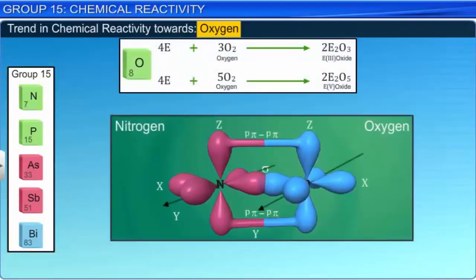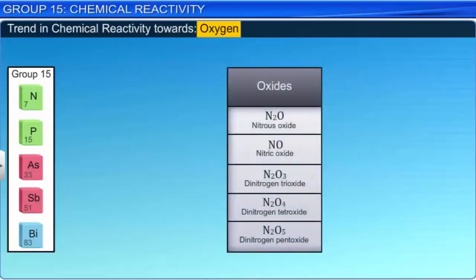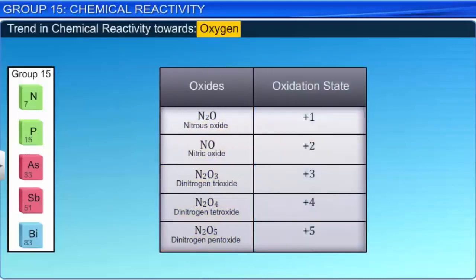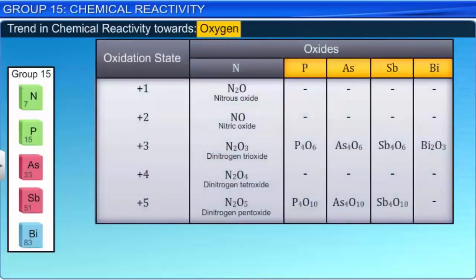As a consequence, nitrogen forms a wide range of oxides. Nitrogen forms 5 stable oxides, as shown here, exhibiting oxidation states ranging from +1 to +5, while the other elements form oxides only in +3 and +5 oxidation states.